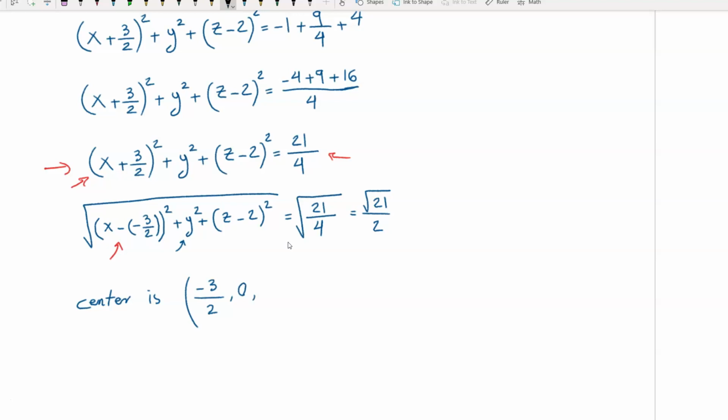So y naught is 0. And here on this part we have 2. And radius is what I have on the right side, which is square root of 21 divided by 2.